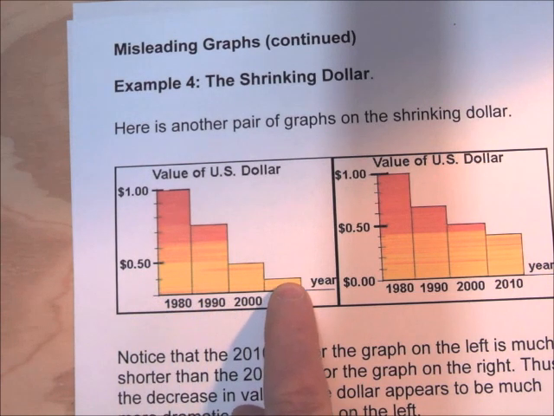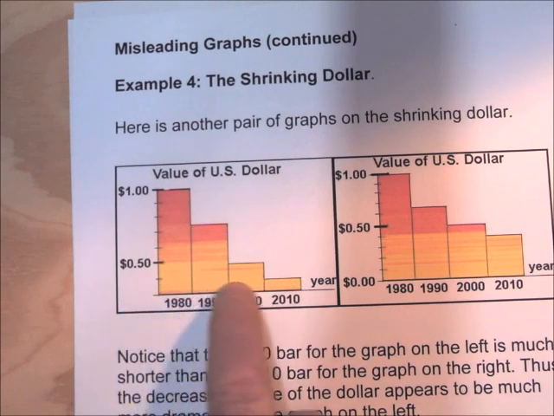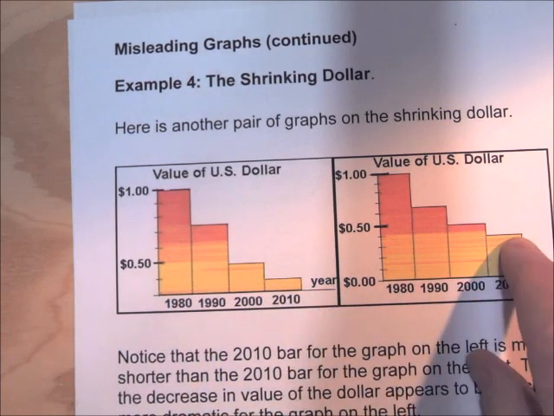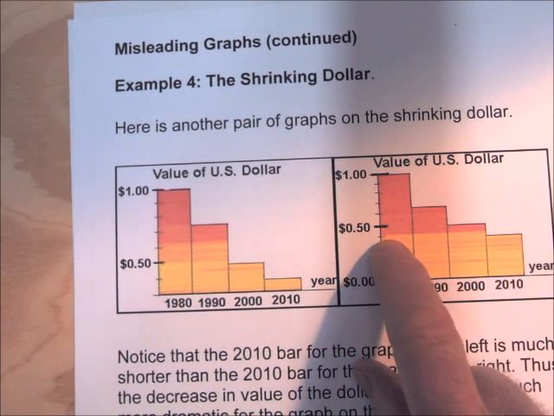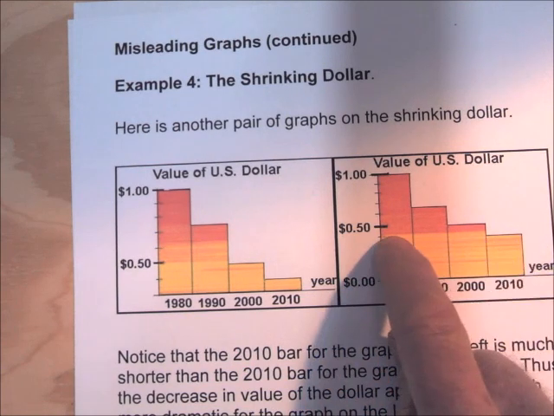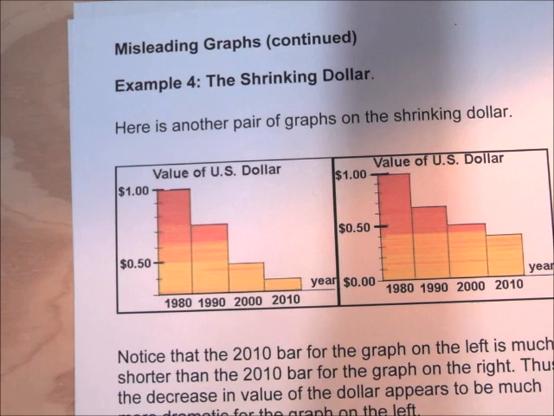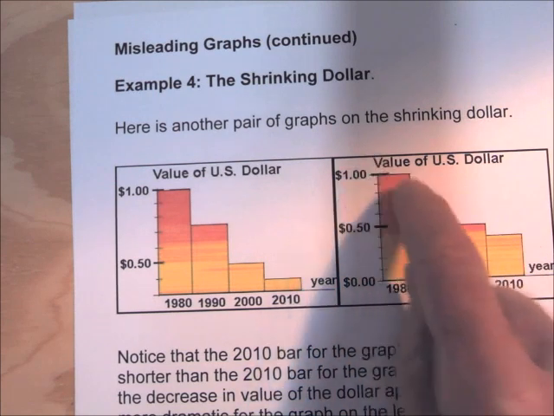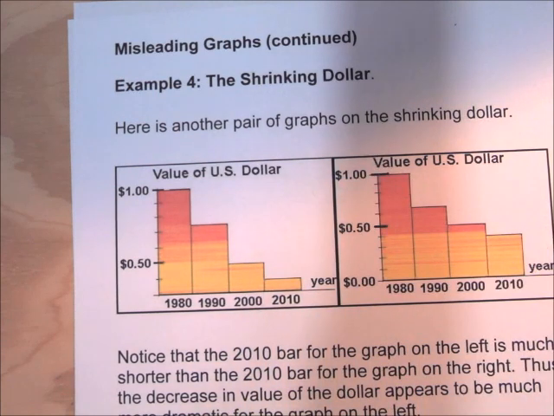If you pay close attention to the scaling, the 2010 bar is almost 40 cents, about the same as over here. If you go across and read off the vertical scale, it's about 40 cents. On this scale, 40 cents really looks like 40 cents, a little bit less than half the value of the 1980 dollar.